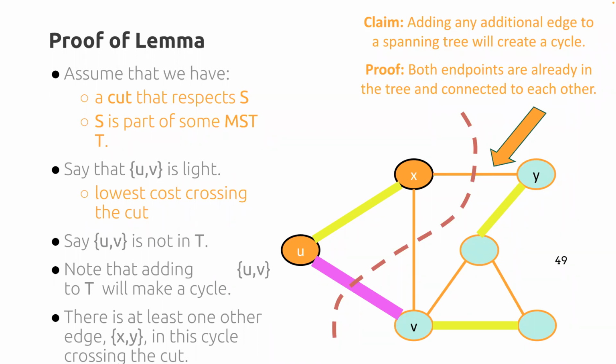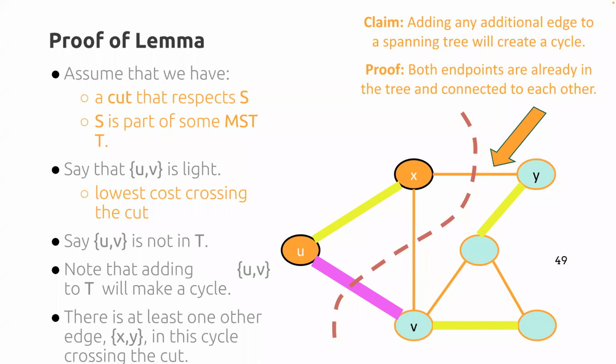However, that's going to create a cycle. Because now I have a graph with n edges, so it is not a tree. So in my minimal spanning tree, if I add UV to it, it's actually going to create a cycle and go back to the original set of nodes.